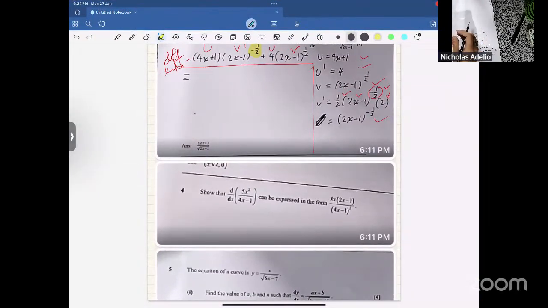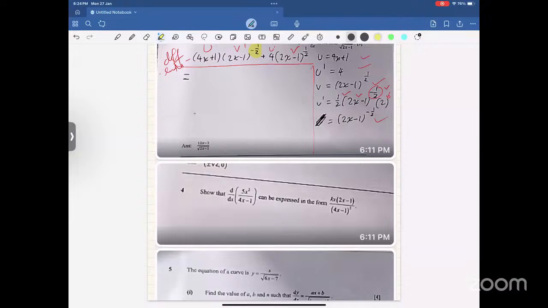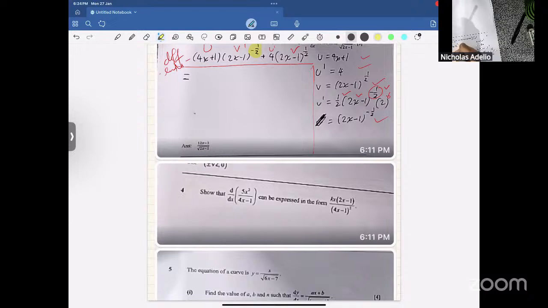Is it because there's no y? The y is that thing, man. There.